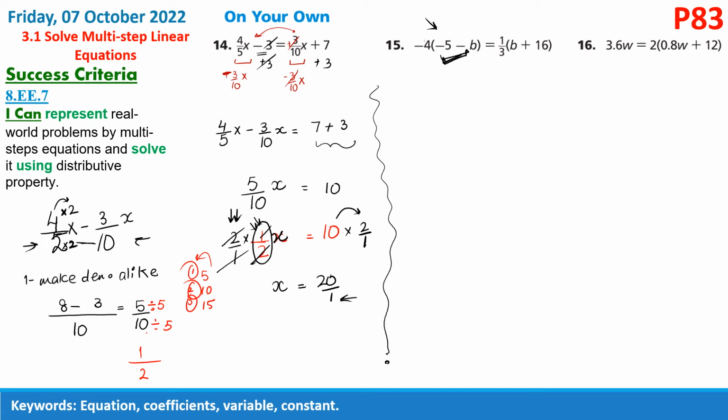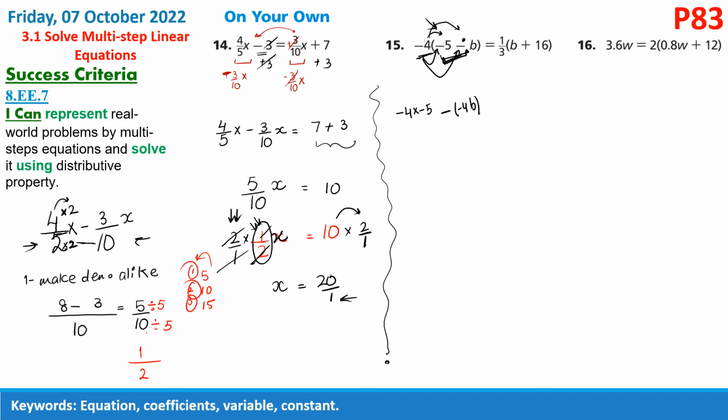Before I told you what we do to open the brackets: we multiply this outside thing one time with the inside thing, then with the other thing. That means I write minus 4 times minus 5, then this minus here, then again I write minus 4 times b.